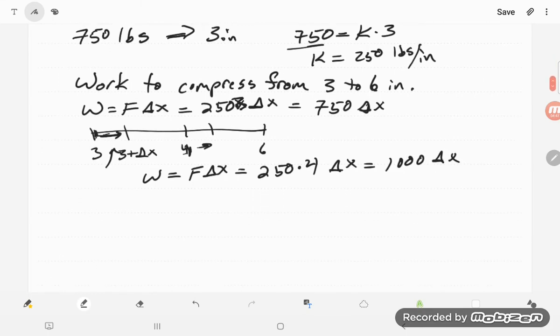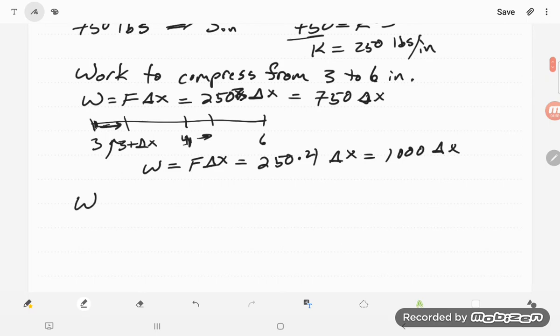So you see what I'm doing is adding up a bunch of things where I'm taking 250 times the current x value, because that was the force of compressing right in there somewhere, times the delta x.